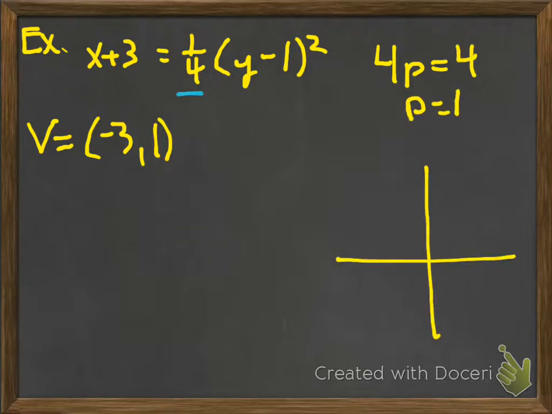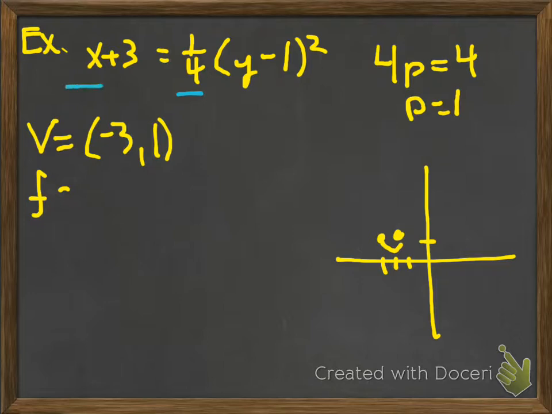Now think about it this way. p is your distance from that point. So if my vertex is at -3, 1, this is an x equals y squared. If it's x, then that means I'm going along on the x.